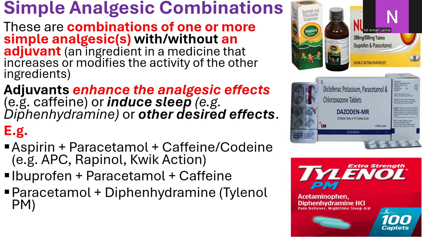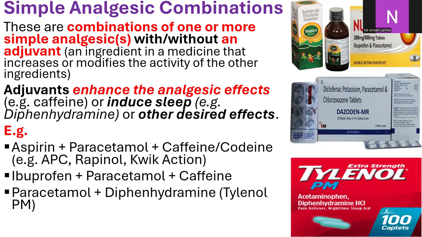Those that will induce sleep, for example, diphenhydramine. Those that can enhance the analgesic effect, like caffeine. So depending on what your desired effect is, you may use one or more adjuvants. So if you have a combination of aspirin and paracetamol, if it is codeine, it becomes a compound analgesic.